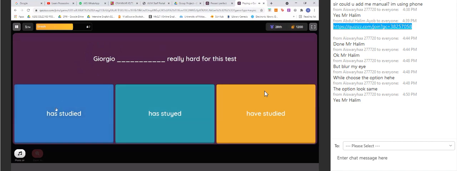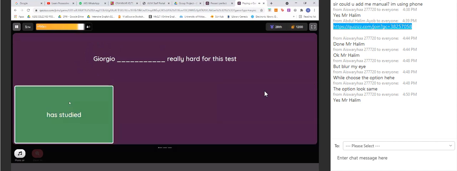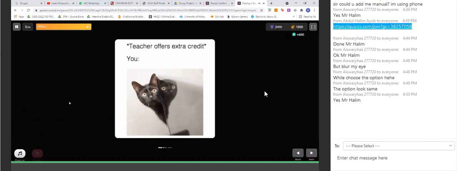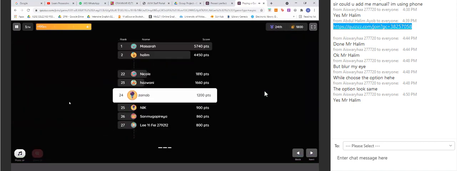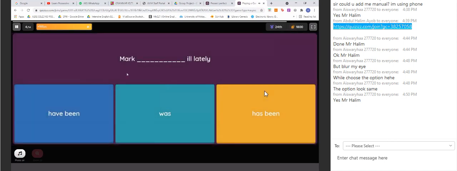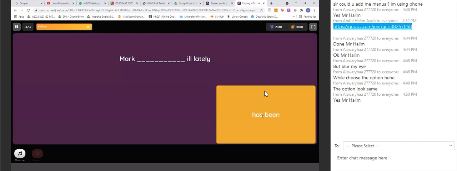So the singular verb is has. The past participle for the word study is studied. Remember, once you use has, after that the verb should be in past participle. This one, Mark have been, is wrong because Mark is a singular noun, so the verb should be has. This is the answer, the orange one.